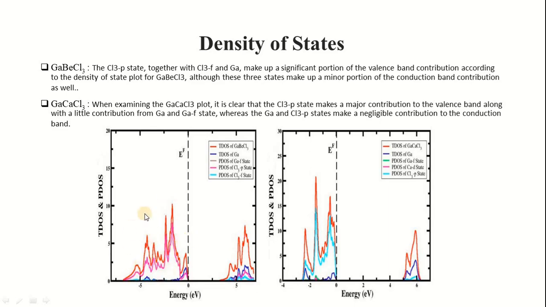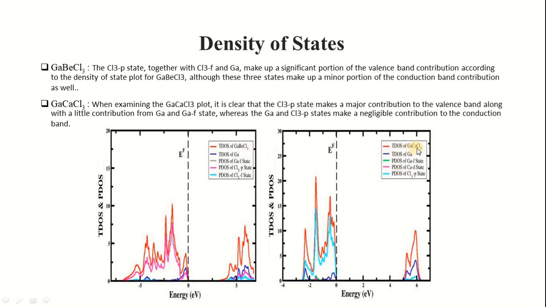So in the valence band, the dominant contributions come from the Ga, Cl 3P states and Cl 3F states, while there is a minor contribution of Ga and Cl P states and Cl F states in the conduction band as well for gallium beryllium trichloride.